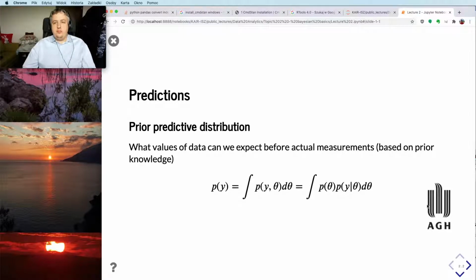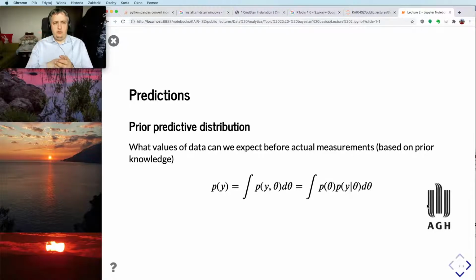Because generally, in our inference, we are interested in a certain aspect of a process or situation. For example, we want to extract information about a certain value. However, all the measurements and all the process correspond to multiple parameters that are happening inside.